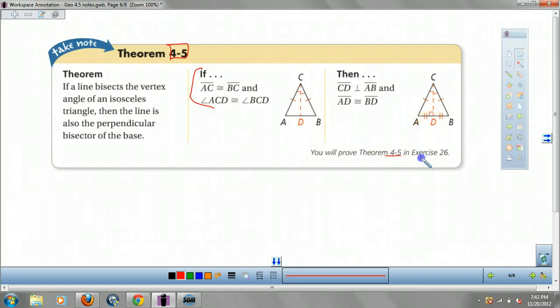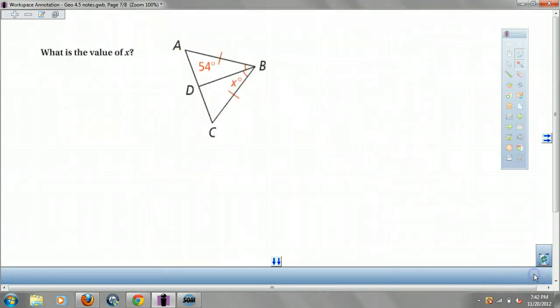You will prove this in 4.5 in exercise 26. Okay, what is the value of x? Well, this 54 actually goes here.